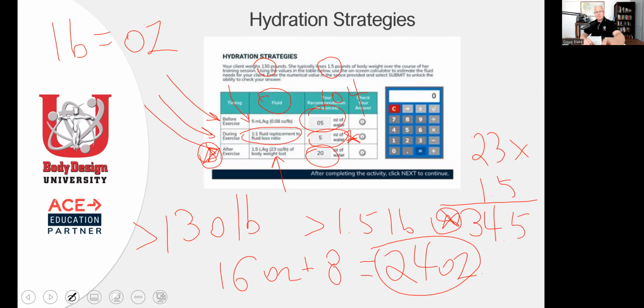So that would be the after exercise amount right here, 34.5. Again, you can correct me if I'm wrong. I'm just going through this straightforward from the calculation. 0.08 ounces for every pound gives you 10.4 ounces before exercise. Then you're looking at 24 ounces during exercise, if you go by the 1-to-1 fluid replacement to fluid loss ratio, and then the 23 ounces per pound of weight lost, 23 ounces times 1.5 gives you 34.5.